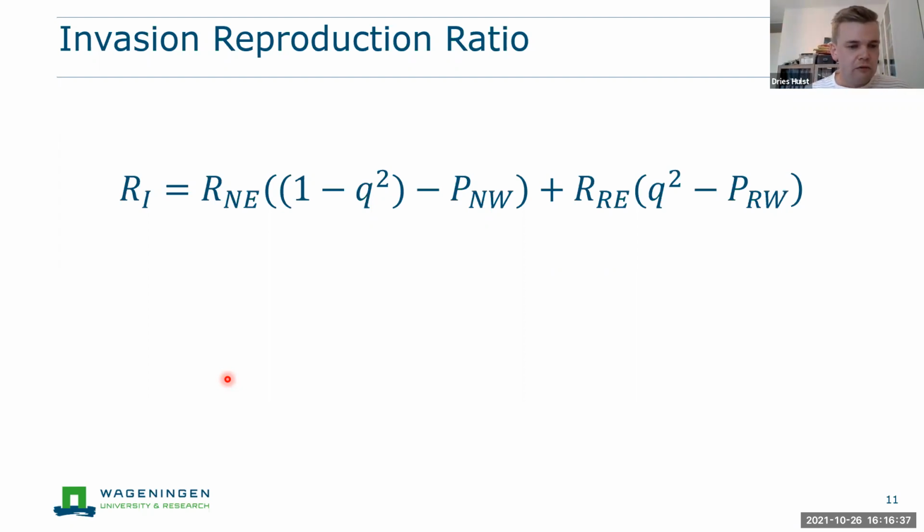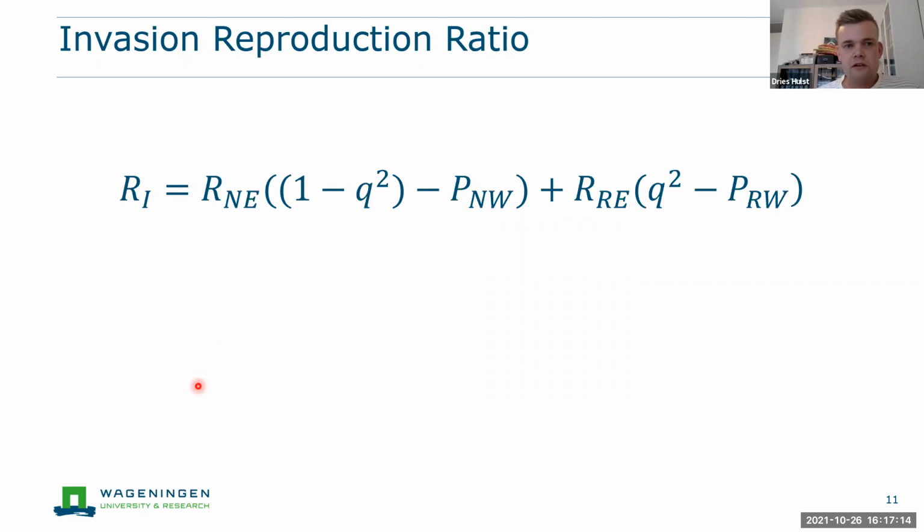To derive that point from which it can invade, we need a different reproduction ratio. That's not a basic reproduction ratio, because the basic reproduction ratio is defined for a fully susceptible population. I will call this the invasion reproduction ratio: the reproduction ratio of the escape mutant in a population that is endemically infected with the wild type. That's the population that we have, in fact.